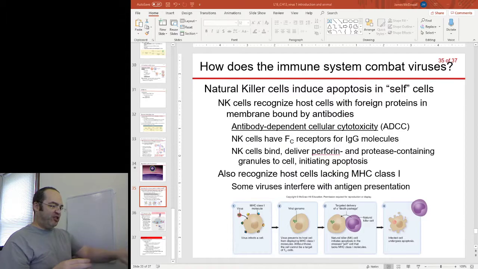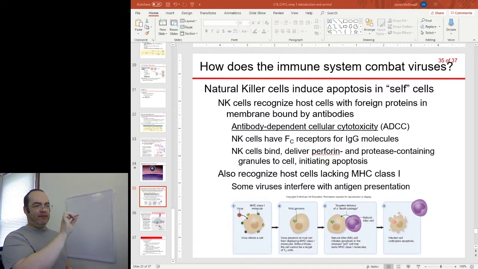If there's suspicious stuff on the outside of cells, we can detect it, and then we can't destroy the virus, however, without destroying our own cells.